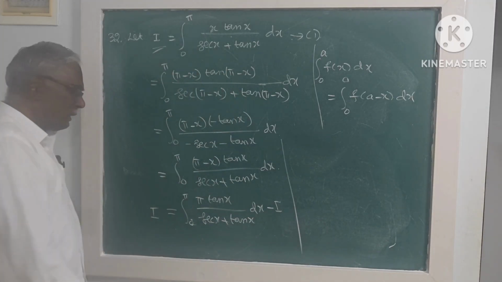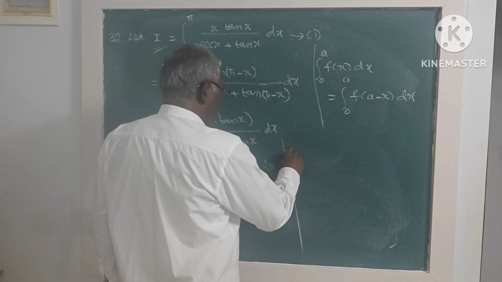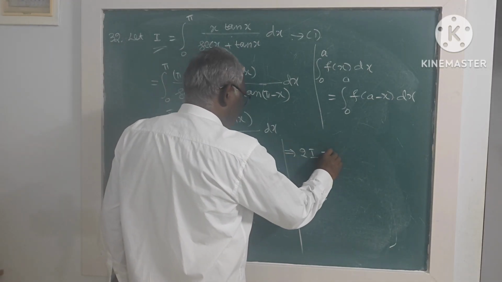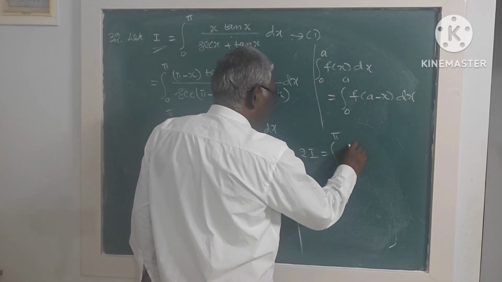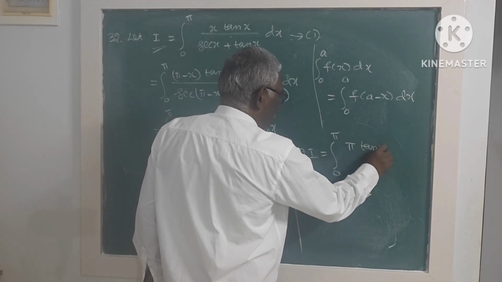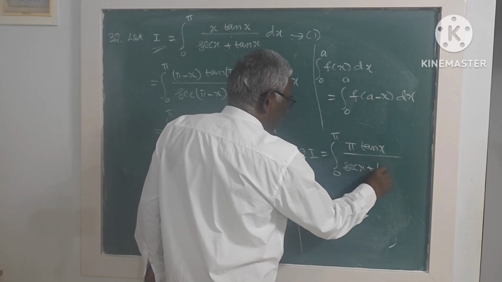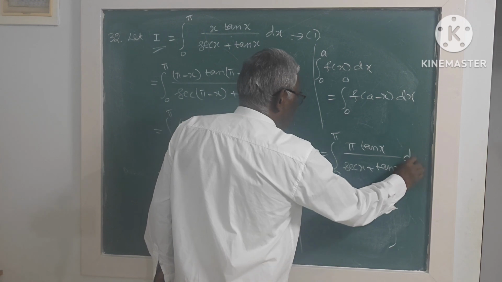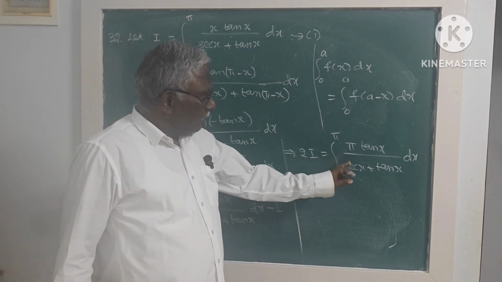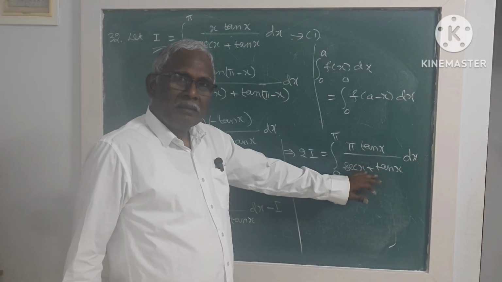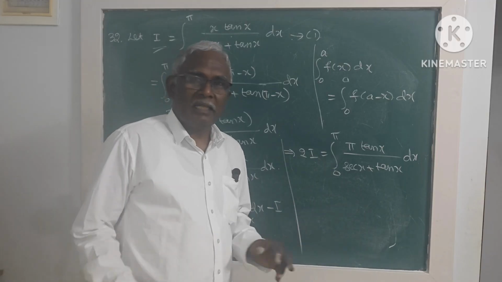So when you take I to the left hand side, 2I is equal to pi times integral 0 to pi tan x by secant x plus tan x. Since it's not possible to simplify as such, we'll write tan x and secant x in terms of sin and cos.